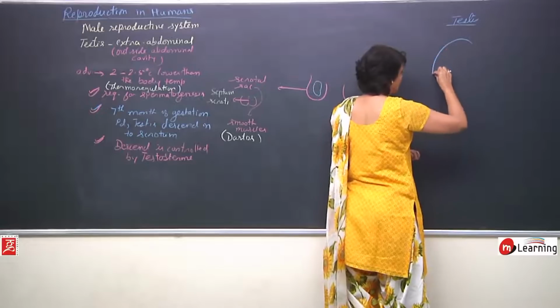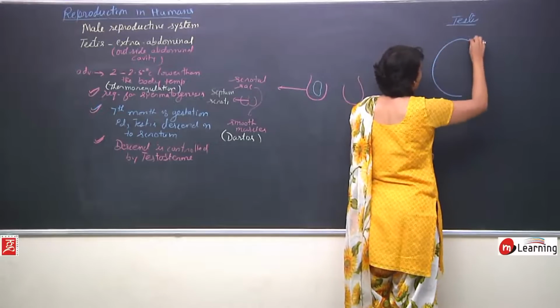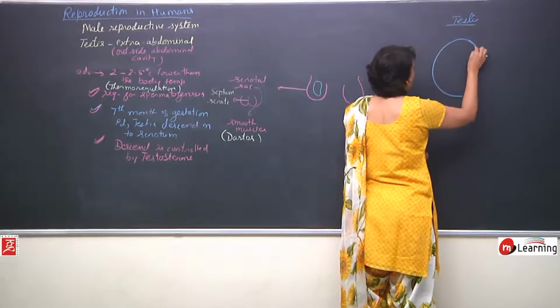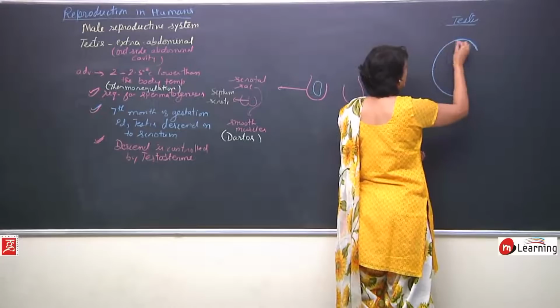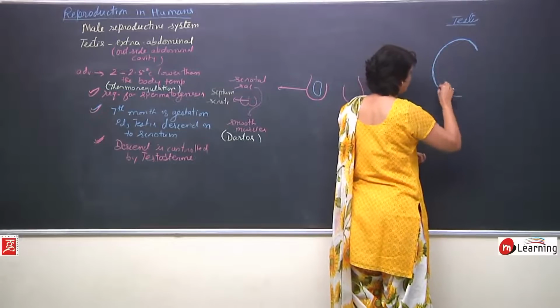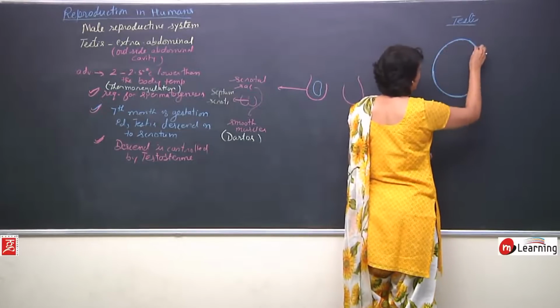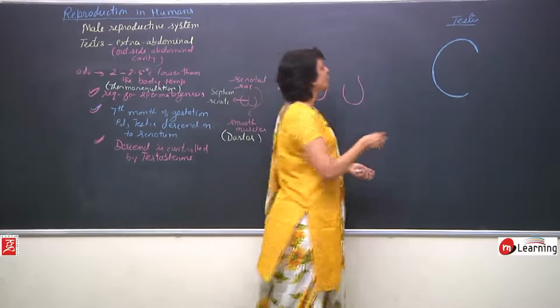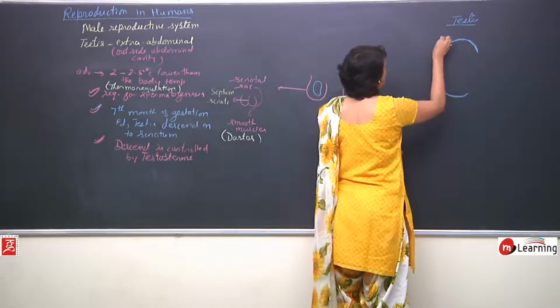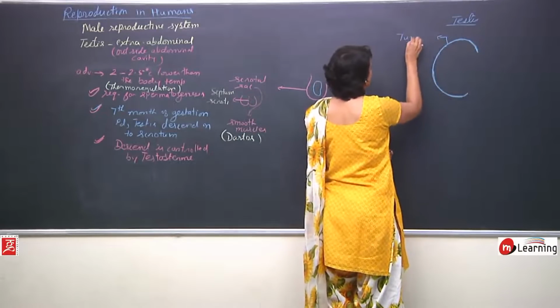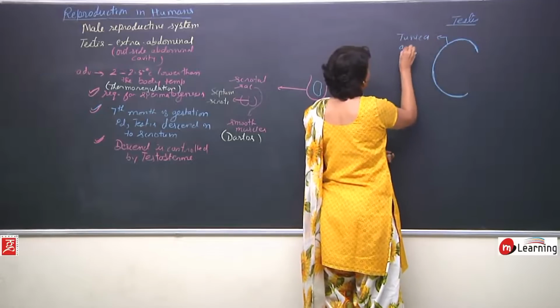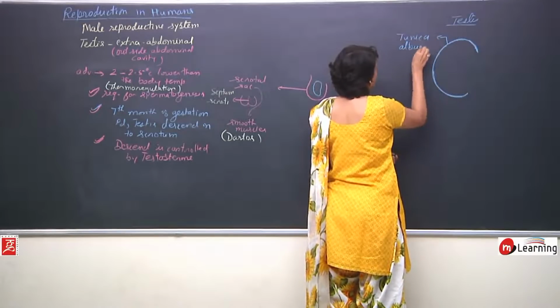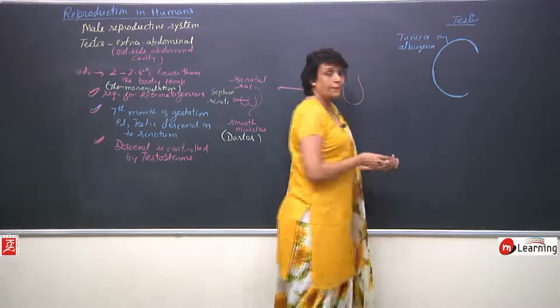So, if we enlarge the testis, each testis has a fibrous capsule or cover which is known as tunica albugina.